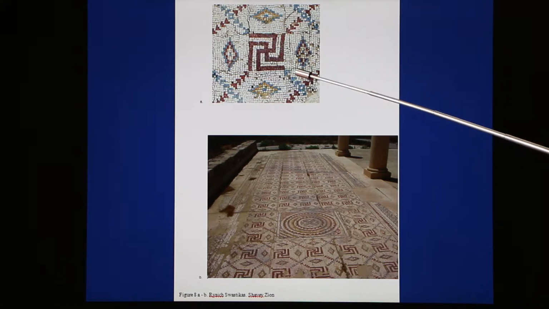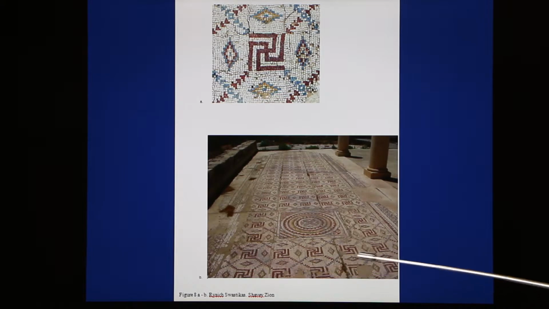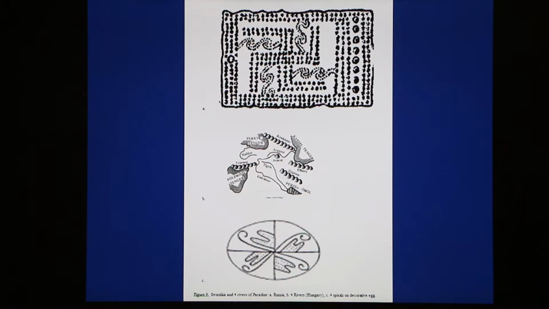So here's a detail, and here you see the whole floor is covered with this symbol. We saw this one before in the introduction, the 4 arms of the swastika, which can relate to the 4 rivers in Turkey and can link to the Hungarian Easter egg.